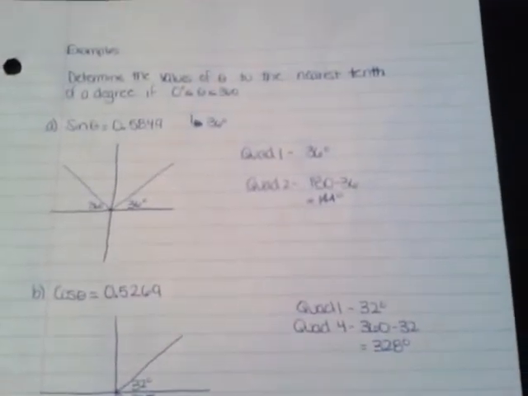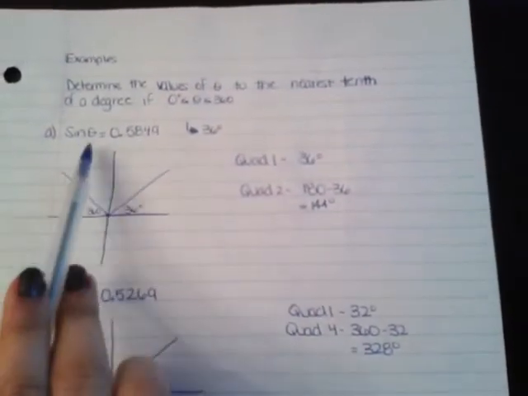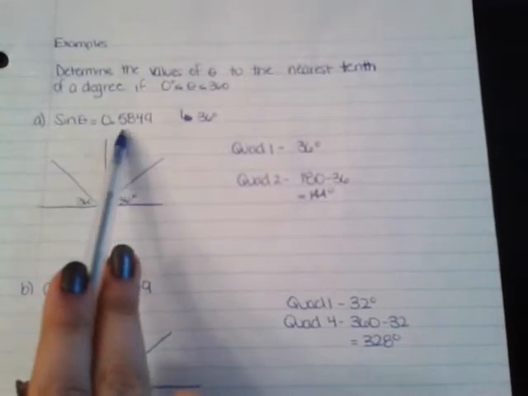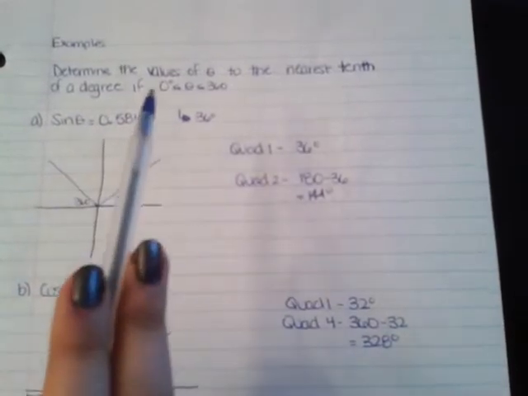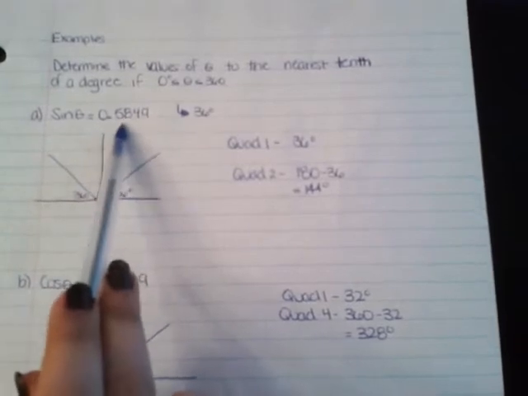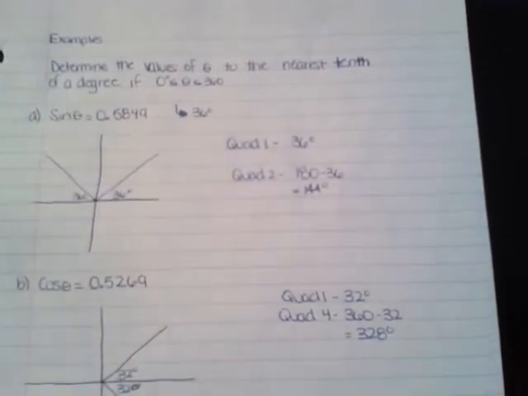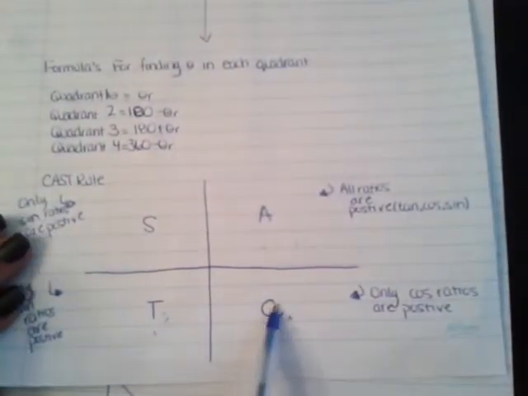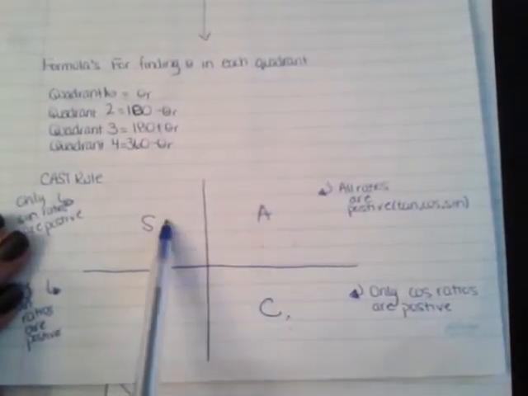So some examples are right here. If you have an angle that says sine theta equals 0.5849, the first thing you would do is determine which quadrants this angle would lie in. So referring back to the CAST rule, sine is positive in the first quadrant and the second quadrant.